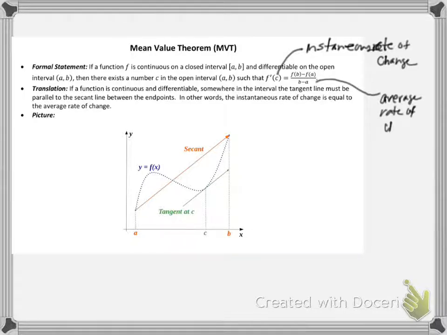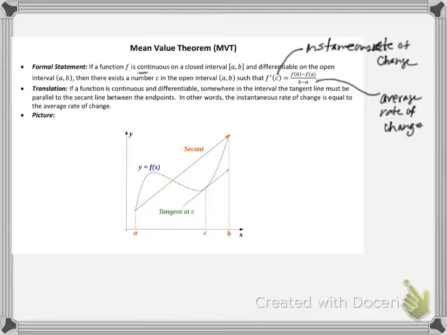So you need to make sure you know this terminology, because the problem on the test may say, find the average rate of change. You need to know that the average rate of change would be the slope between a and b.